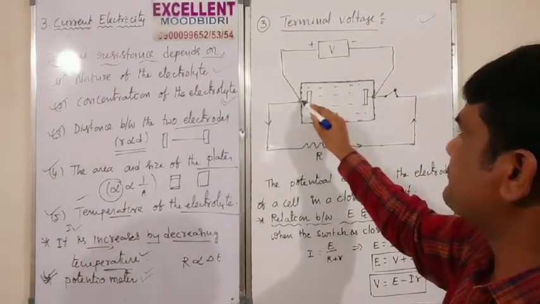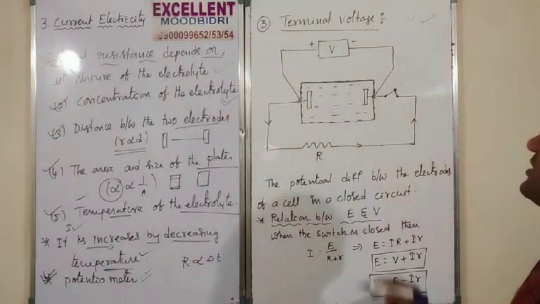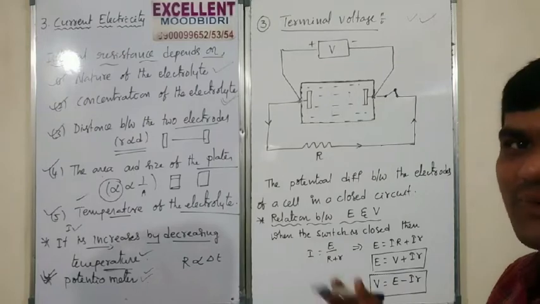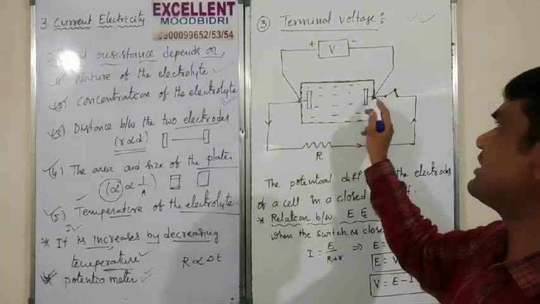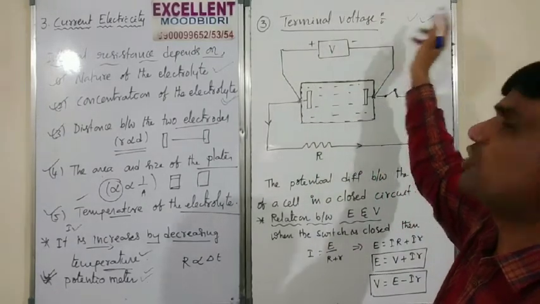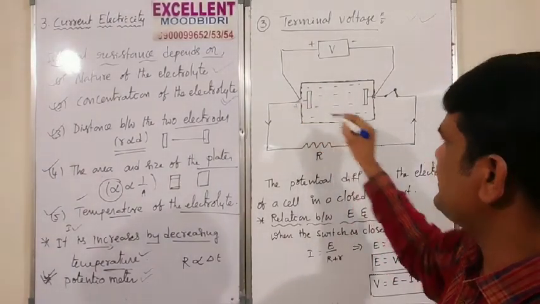The potential difference between the two terminals when the switch is closed, when the circuit is closed, that potential difference of the two terminals is known as terminal voltage. If I give you here the points A and B.